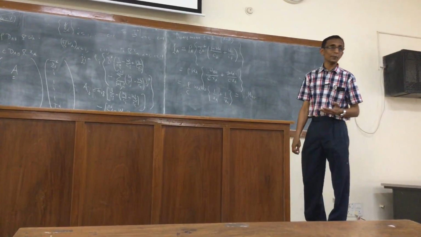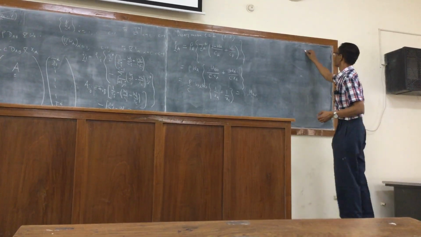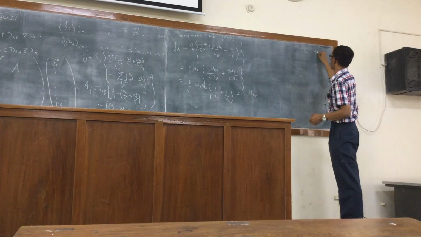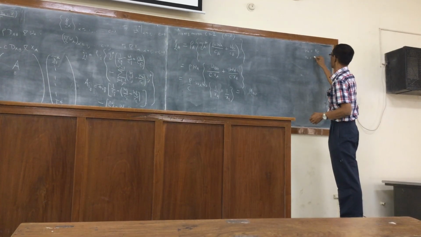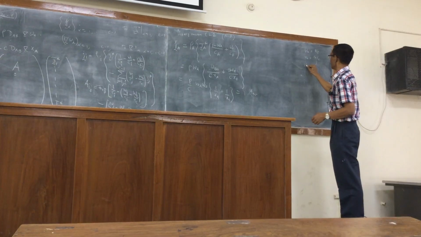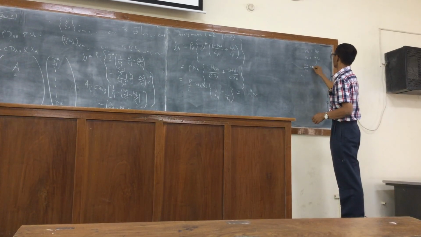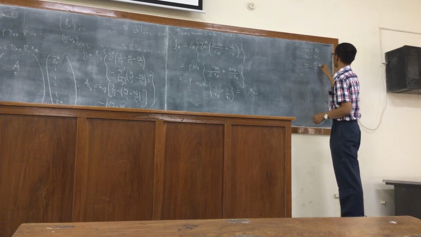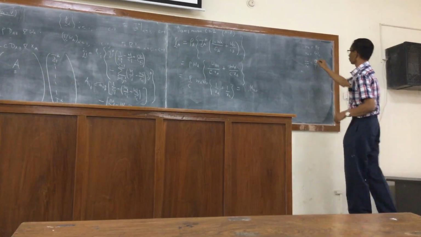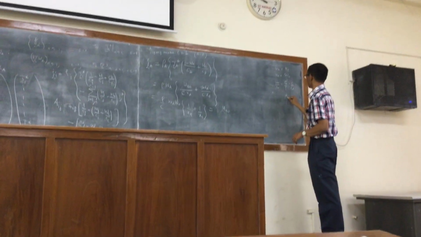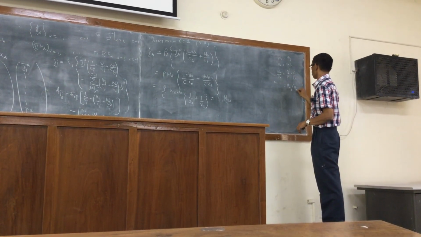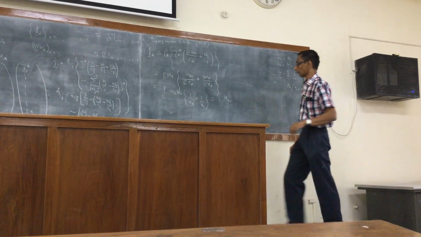And I know that WA by XA is simply, what is WA by XA? WA is rho A by rho, and XA is CA by C. So WA by XA is rho A by rho times C by CA. Rho A by CA is MA, and rho by C is M average. So I get MA by M average.